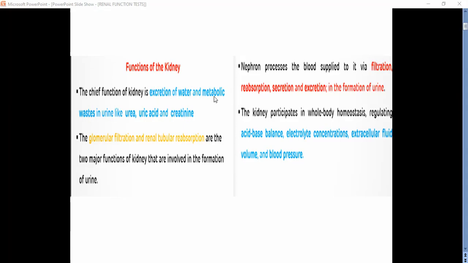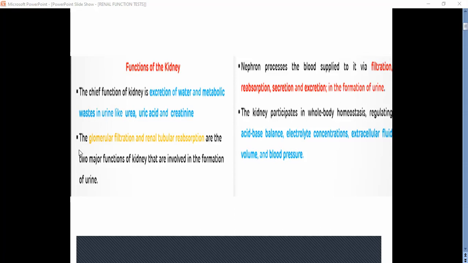The unwanted metabolic products include urea, uric acid, and creatinine. The name itself indicates that these are metabolic wastes obtained during regular metabolism, which may be toxic to our body. That's why they have to be eliminated from our body, which is done by the kidney.